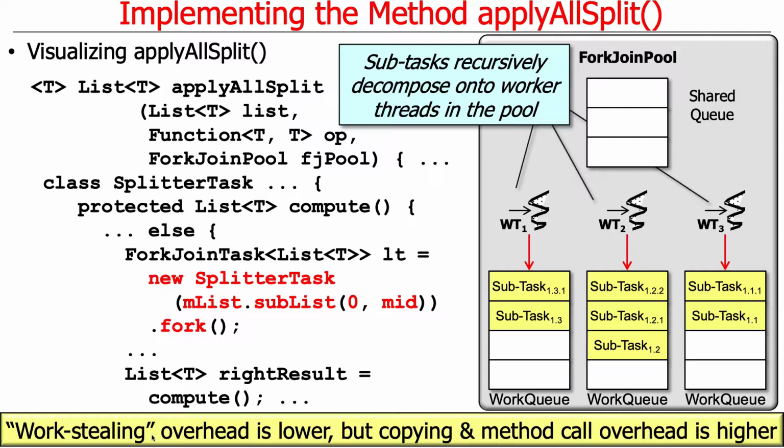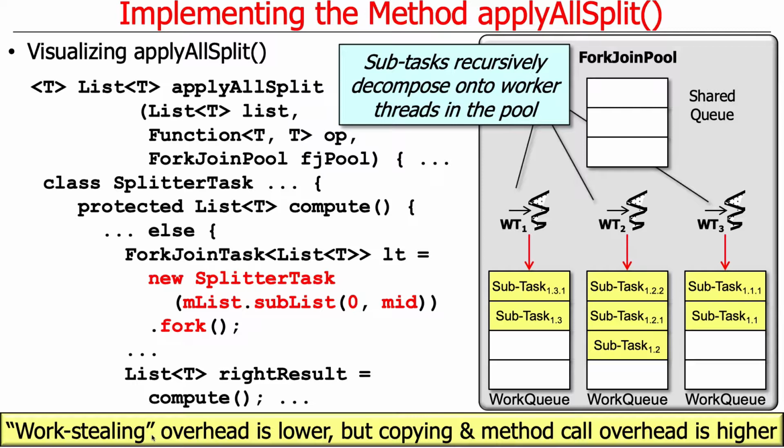And because of the way the recursive decomposition works, each new thread in the pool that steals work from someone else's task, remember, it'll steal a big thing to work on, a big sublist, then that thread will start to recursively decompose that thing, and that'll create more subtasks, and those in turn will be split across all the other worker threads in the pool.